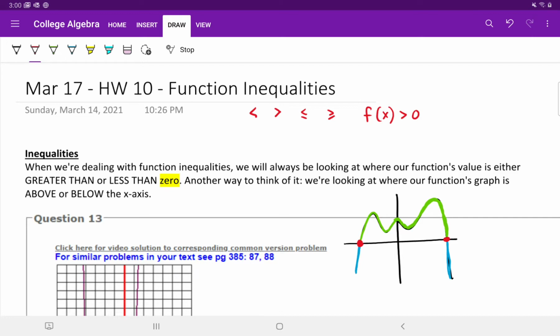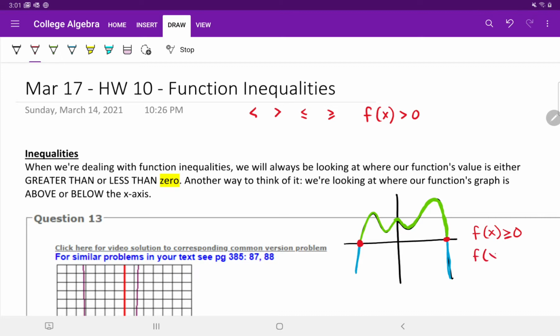So if I wanted to find the x values where f of x is greater than 0, I would need all of the points in between the two red dots, but not including the red dots. If I had this instead, I would include the red dots.